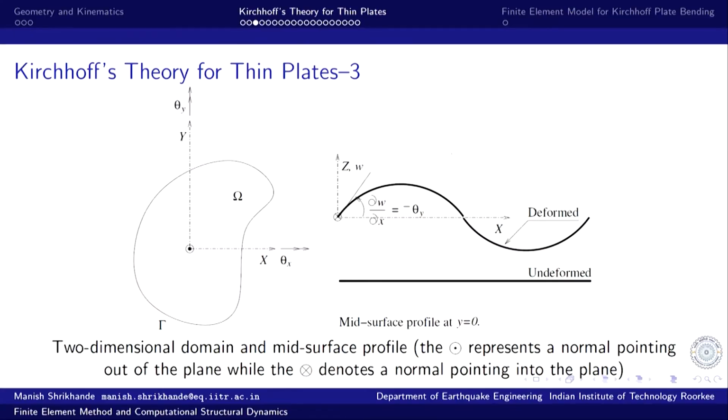So, this represents the deformation del w by del x, and the deformation in the zx plane would be like this. So, del w over del x is equal to the negative of theta y, the rotation about the y axis, and similarly we can have normal to this axis, along y, a similar geometry which will define the shear constraint for the yz plane.